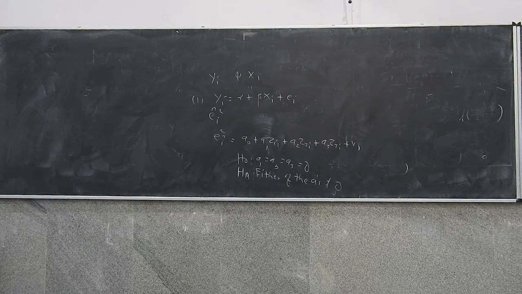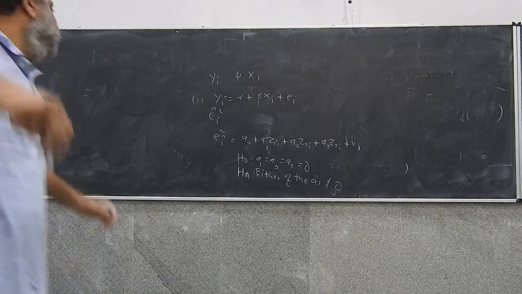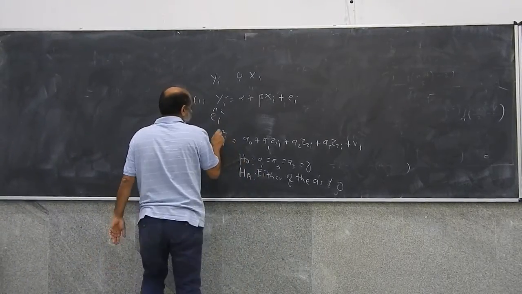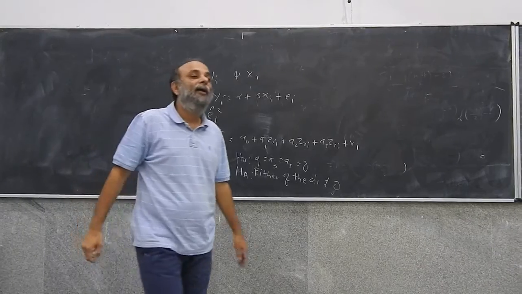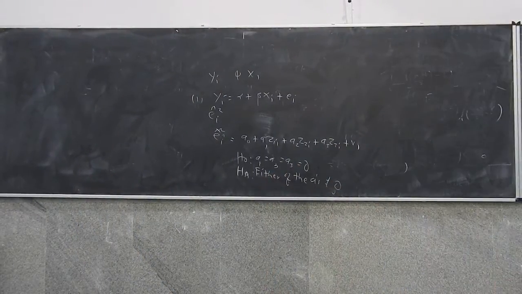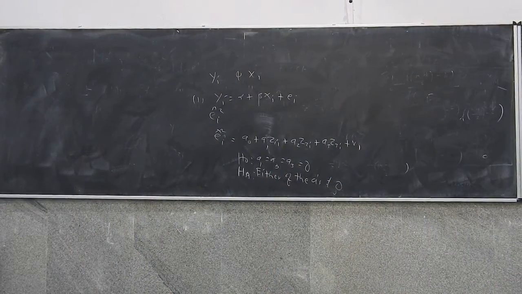If a1, a2, a3 are all 0, then this model will be e hat i square equal to a0 plus e_i plus some error term here.